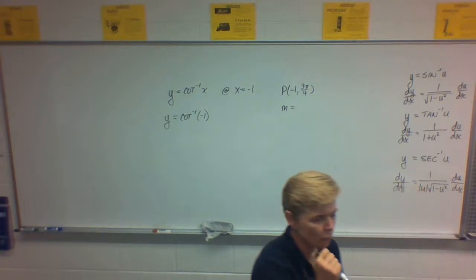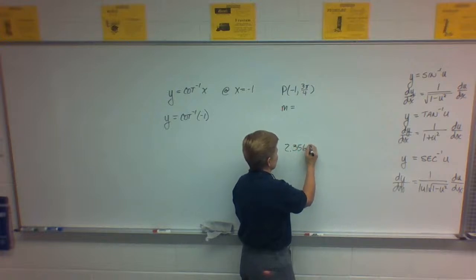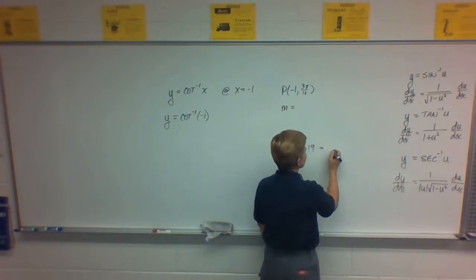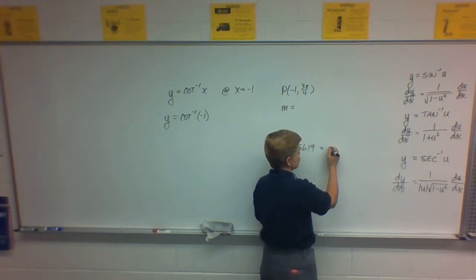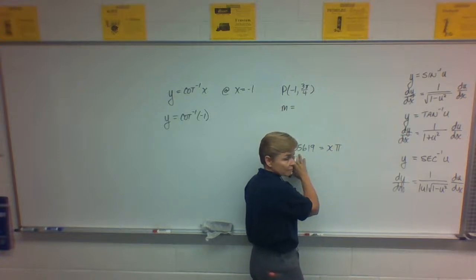Okay, so what was the irrational decimal? 2.35619449, plus a bunch of garbage, right? We want to know what fraction of pi that is, so I'm going to call that x times pi. What number times pi is this?